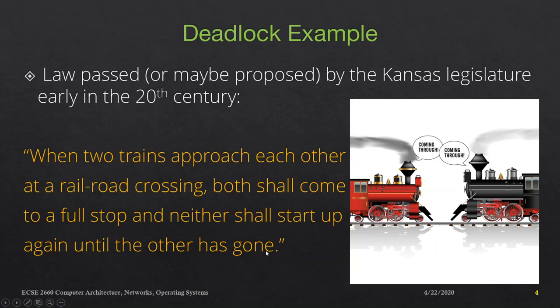And as you can quickly see, it is absolutely illogical, because we are never going to have a situation where either of the trains will be able to move if they were following this law. So that is a very good comparison we can draw with a real world scenario like this to a deadlock state that could happen in a computer system.